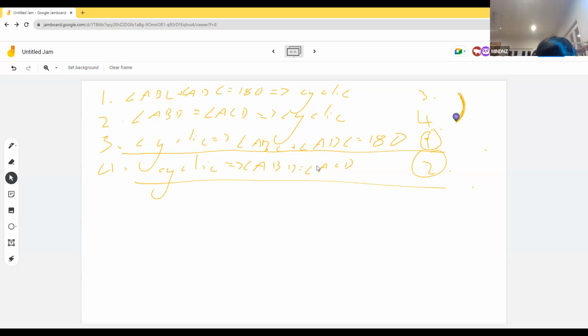So we'll prove the first one first. What we want to prove is we have A, B, C, D, and we know that these two sum to 180, which is the same thing. And we want to prove that that means ABCD is cyclic. To prove this, we know how to construct a circumcircle.